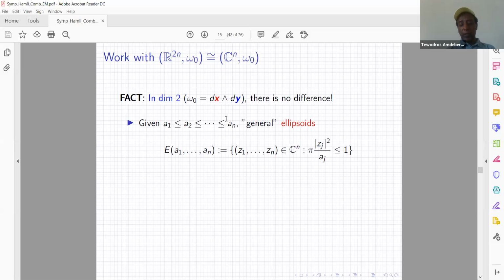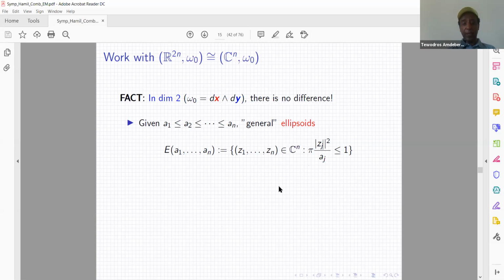Now, I'm going to introduce notation. In n dimensions, in general, we can talk about the symplectic ellipsoid, and this is a particular ellipsoid formulation. Once again, reminding me of what Doran said, this is a summation over j from 1 to n. So this is like the ellipse equation that you know, except I used complex numbers. In real coordinates, this means x_j squared plus y_j squared.